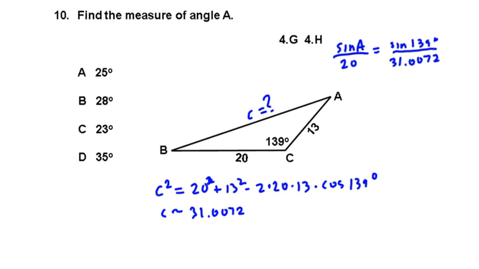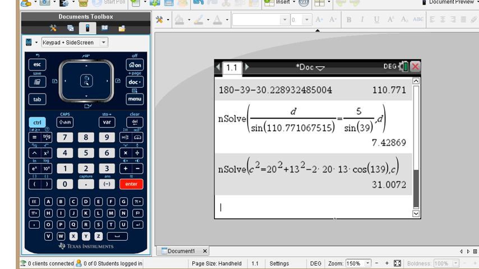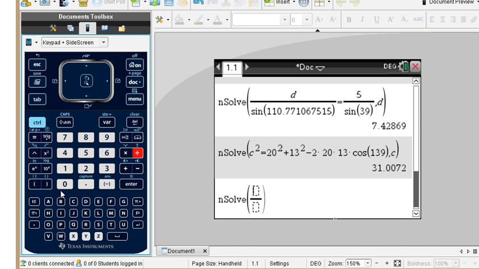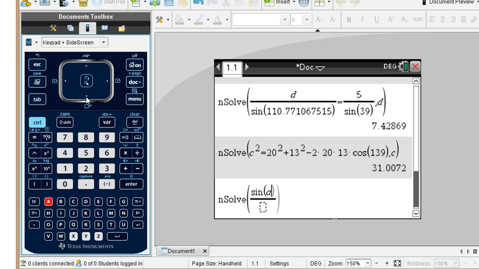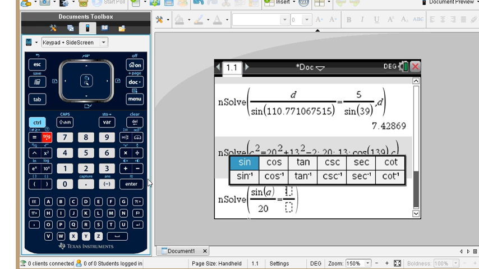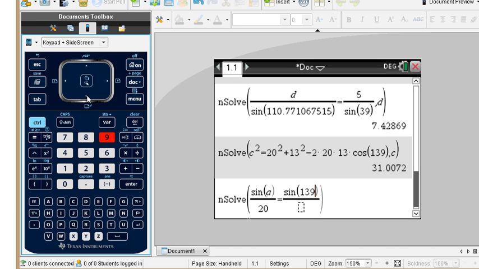So in our calculator, we're going to go to menu 3.1, and we have our sine of angle A opposite side A, which is 20, is equal to the sine of 139 degrees opposite what we last calculated, 31.0072.